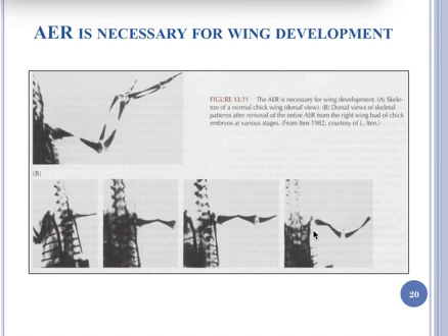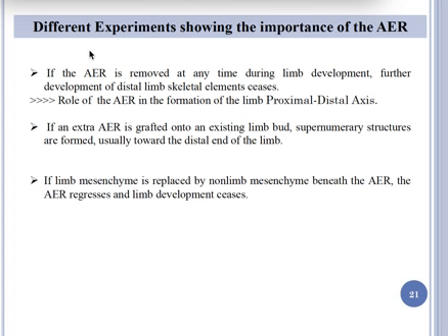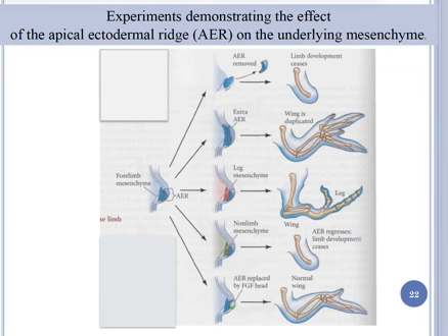So according to these experiments, we can conclude that the AER structure is highly important and necessary for wing development in chicken. No AER, no wing development. Okay? And when we remove the AER, the limb development will be stopped at the location of the bone already formed. And now I will explain different experiments showing the importance of the AER during the limb growth.